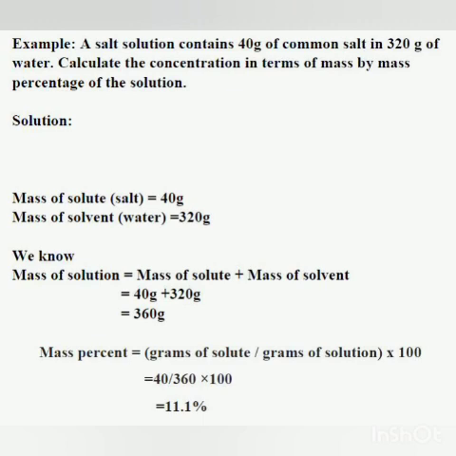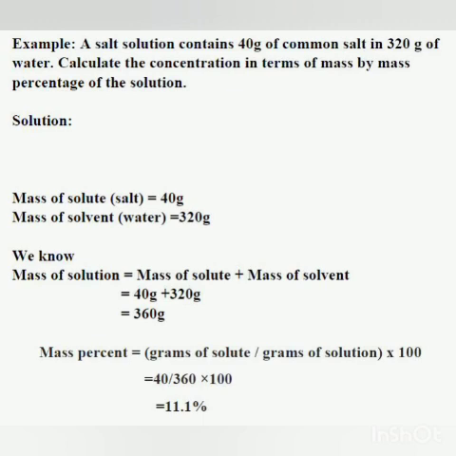Now what you have to do? You have to find the mass percent, and the formula of mass percent is grams of solute divided by grams of solution, into 100. Now grams of solute you know is 40 grams, and grams of solution? So what will be the grams of solution? That will be grams of solute plus grams of solvent. Now here 40 grams is the mass of solute, and 320 grams is the mass of solvent.